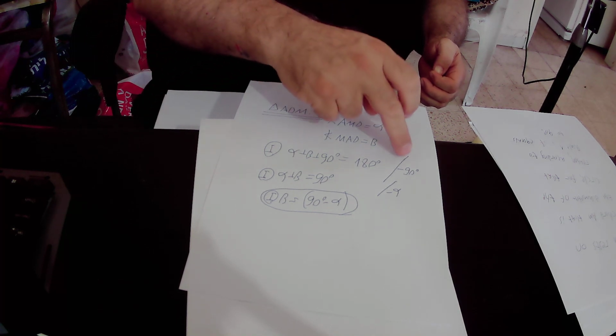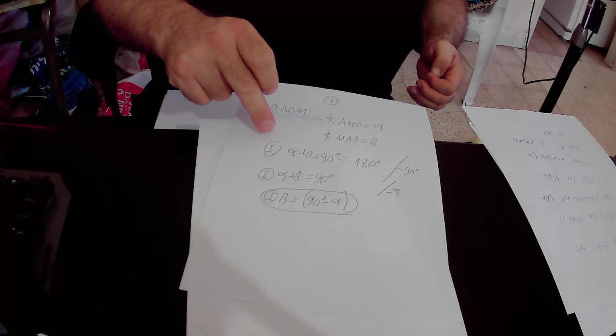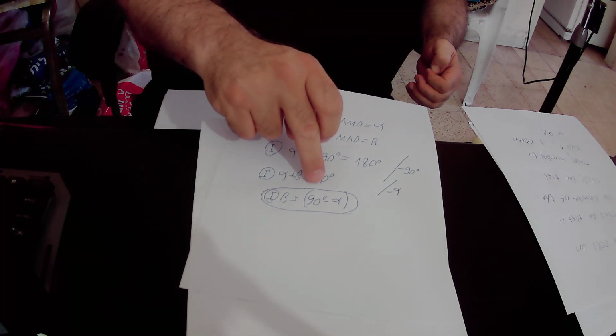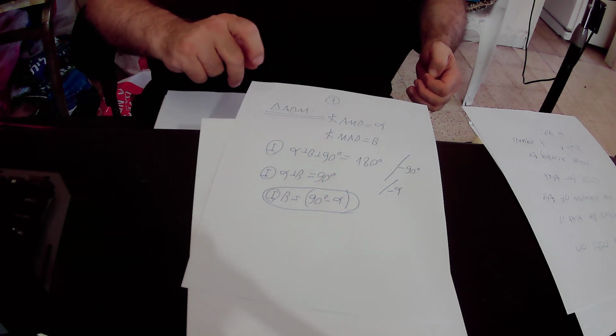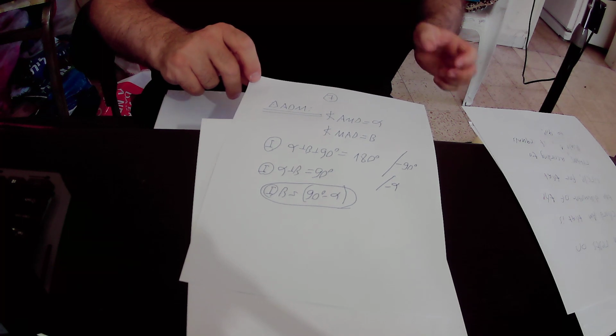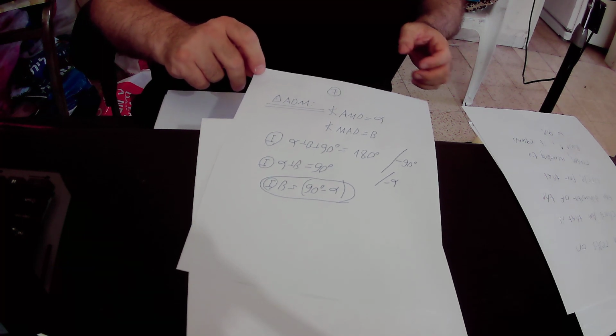We substituted 90 degrees and alpha, and we got that beta equals 90 degrees minus alpha. Okay, so that is our first equation that says that beta equals 90 degrees minus alpha.